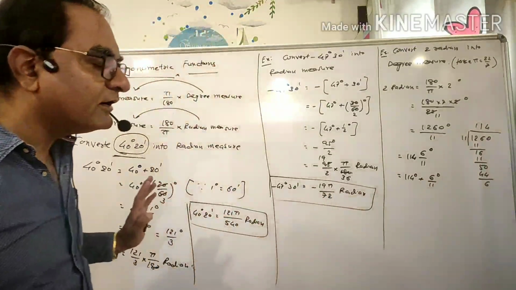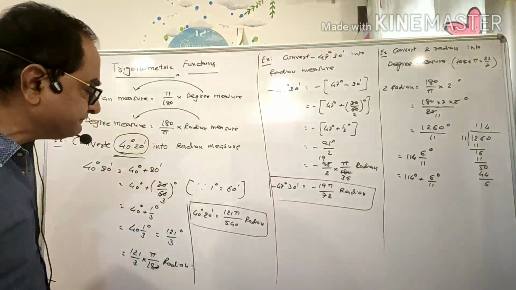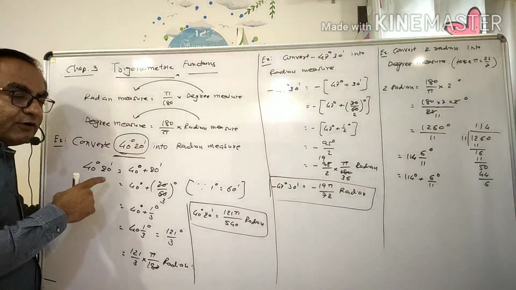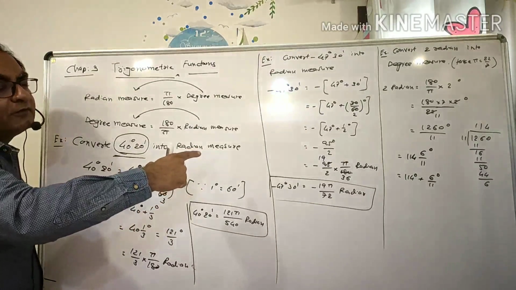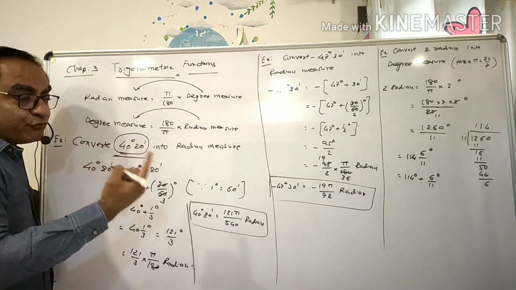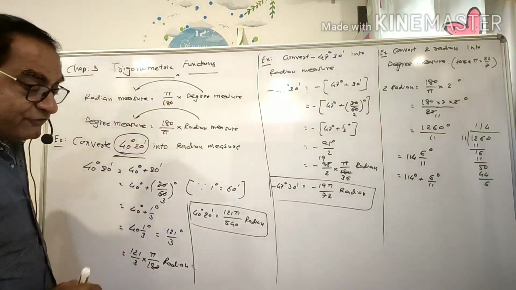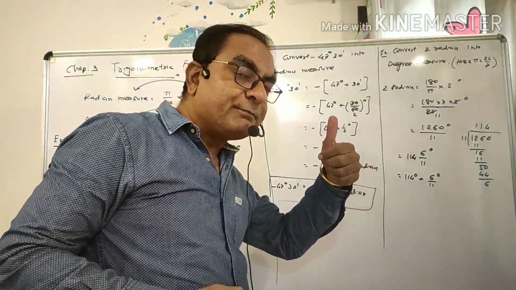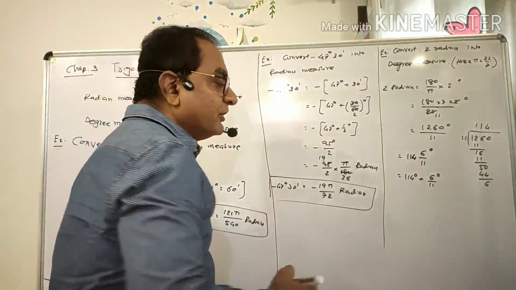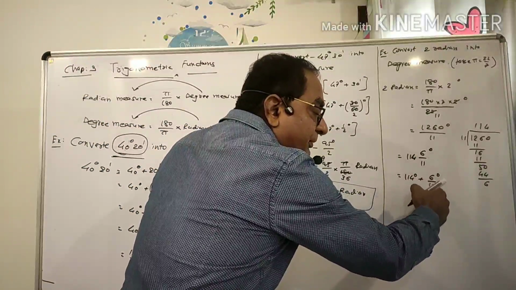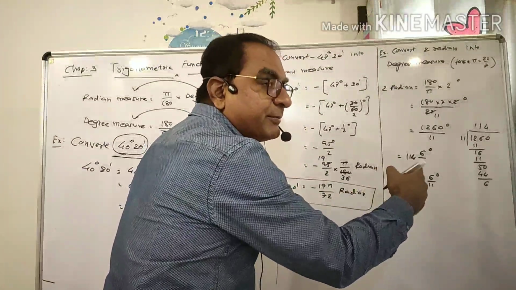Here we will apply a reverse process. In the earlier example, we had gone from minutes to degree. Now we will move from degree to minutes. We know that in 1 degree there are 60 minutes. So if I want to convert this part in terms of minutes, I should multiply by 60.